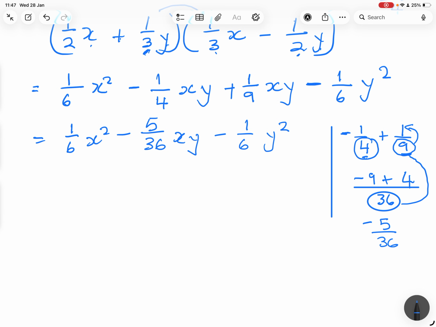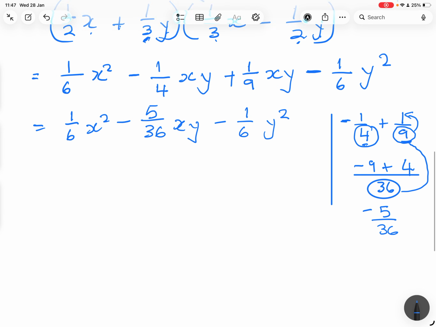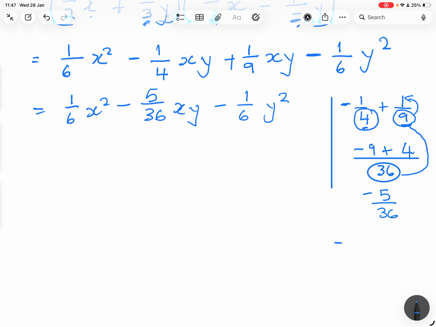Now, ladies and gents, it's always important for you to do this right. I've seen some people apply a principle that is not necessarily sustainable, in the sense that once I have more than 2 fractions, that normally doesn't work. I've seen someone do the following. So minus 1 over 4 plus 1 over 9. Now, this can only work if you've got 2 fractions. So what they did was to just cross multiply 9 multiplied by 1.